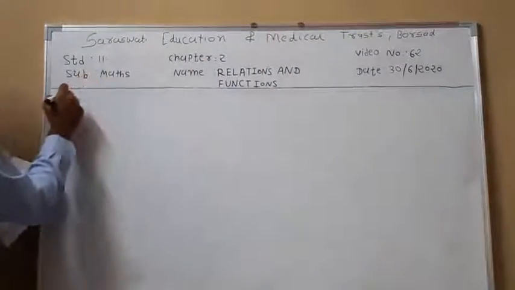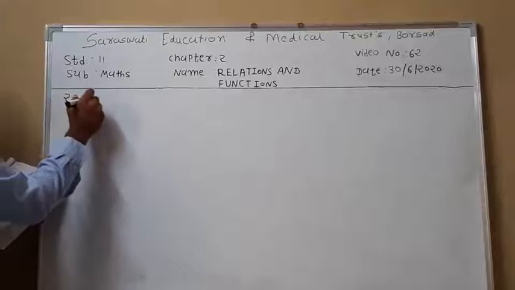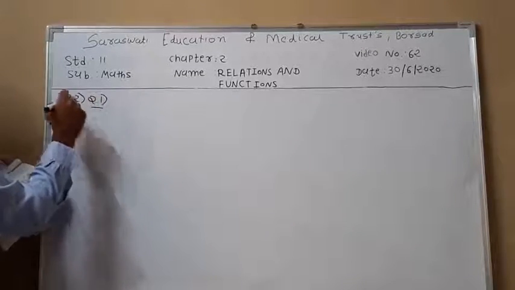Question number 1, exercise 2.2. Let A be the set of 1, 2, 3 up to 14.